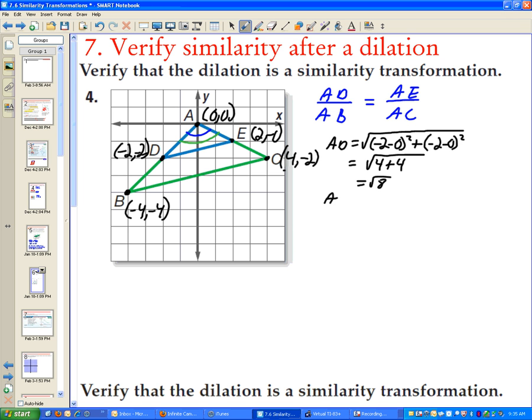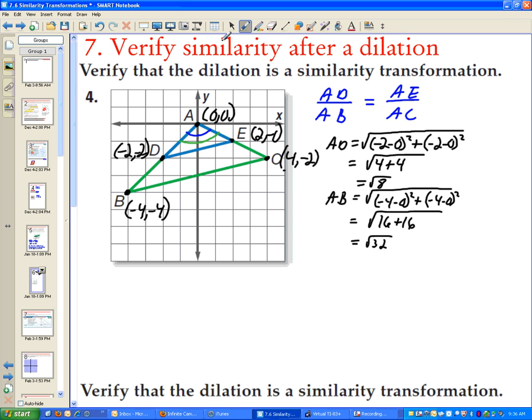The length of AB will be the square root of -4 minus 0 quantity squared plus -4 minus 0 quantity squared. Square the -4, square the -4, square root of 32. Ooh, I don't like radicals. That's going to be a problem.